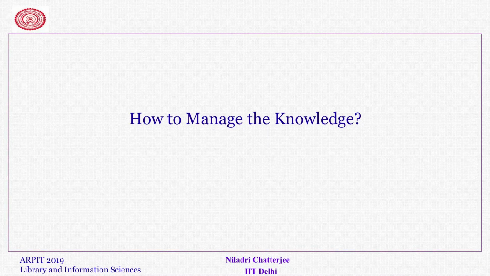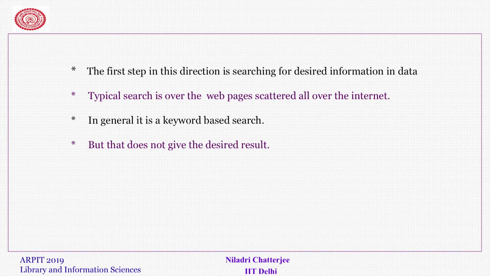So, I hope I could make it clear how data and AI are intertwined so nicely in modern times. Therefore, the question comes, how do I manage that knowledge? The first step in this direction is searching for desired information in data, because the data that we are looking for is not open to us, it is hidden somewhere in the data.